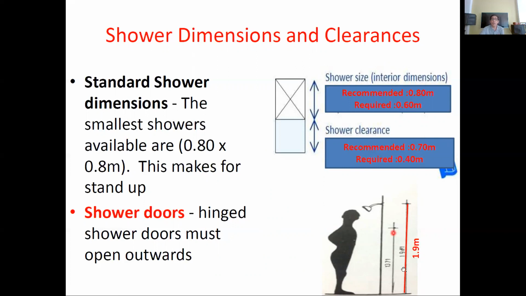Okay. So the average height of a shower is about 1.9 meters. No? It's less than the height of a door. A door is about 2.1, so it's less than the height of a door. Sometimes it's 1.3 in cases that this is a shower for children.